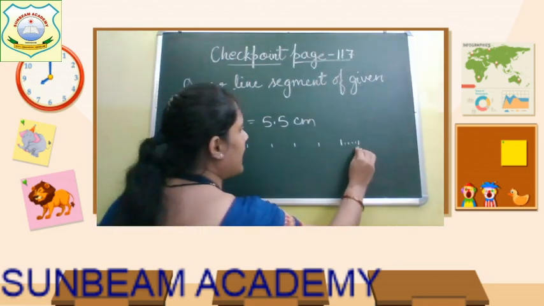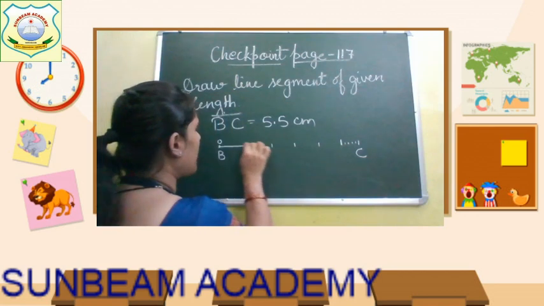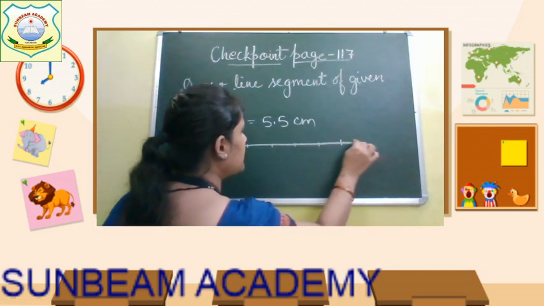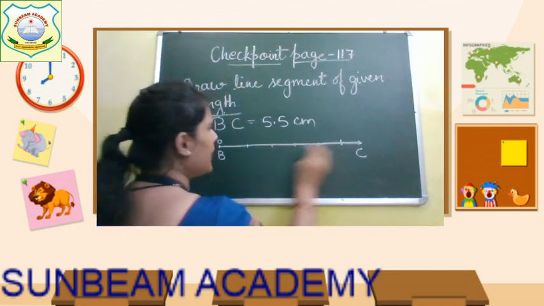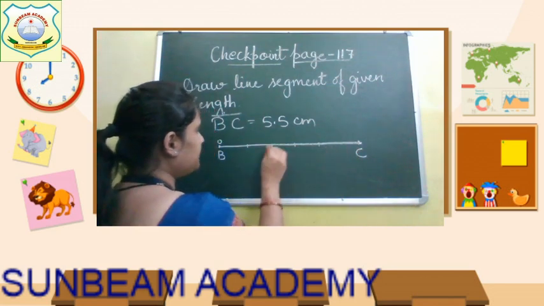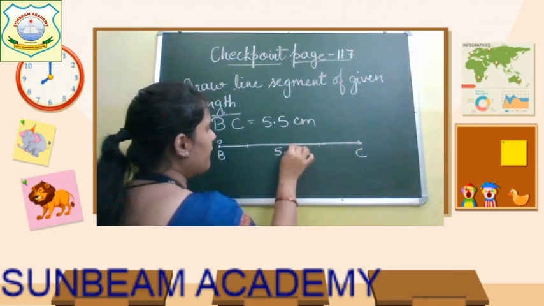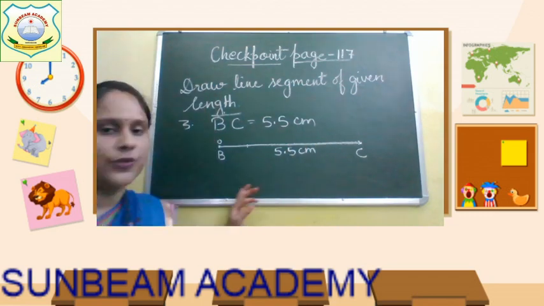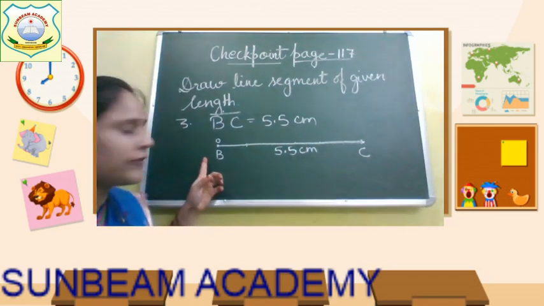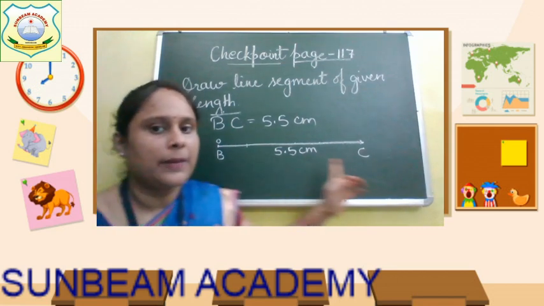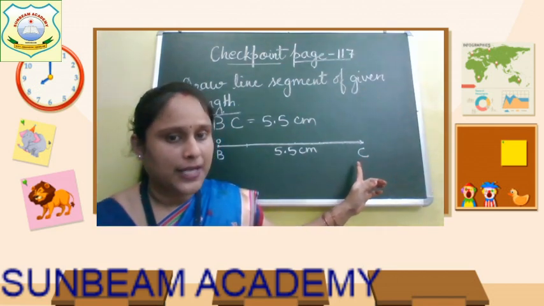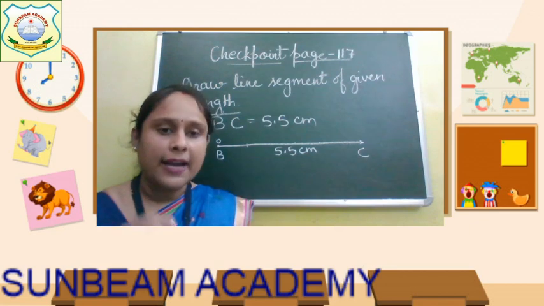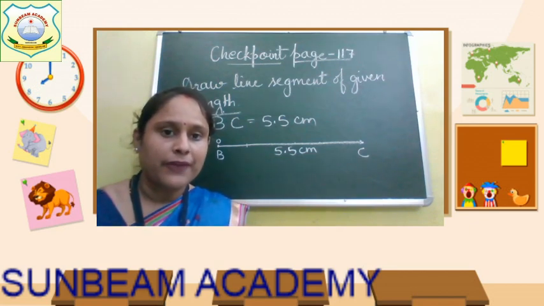So here we will write C and we will draw this line segment up to 5.5 centimeter. This is how we will count. From 0 we will start drawing the line segment to 5.5 centimeter.